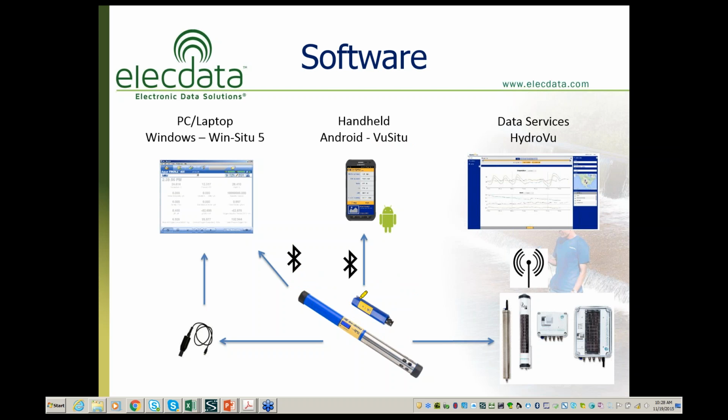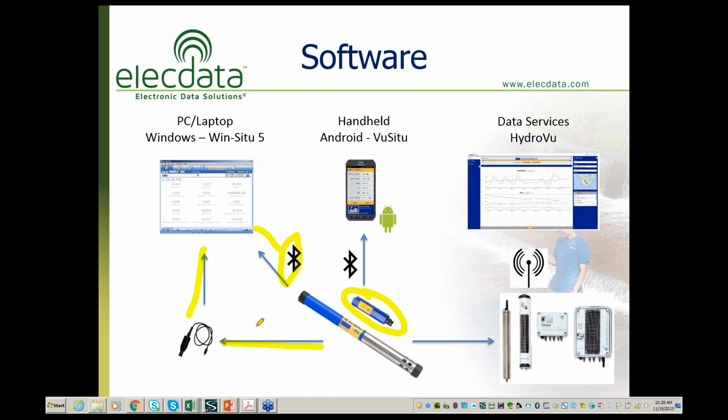Now you can also, using the same device, talk Bluetooth to your Windows PC, laptop, or tablet. I shouldn't have limited that to Windows 7. It can be Windows 7, 8, or 10. Running In-Situ's free In-Situ 5 software on any Windows device, you can talk to that via Bluetooth or via a USB or serial connection, direct connect, or through the top of a non-vented or vented cable connected to the end of this.